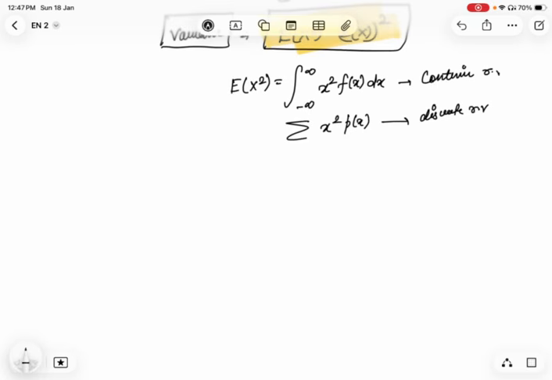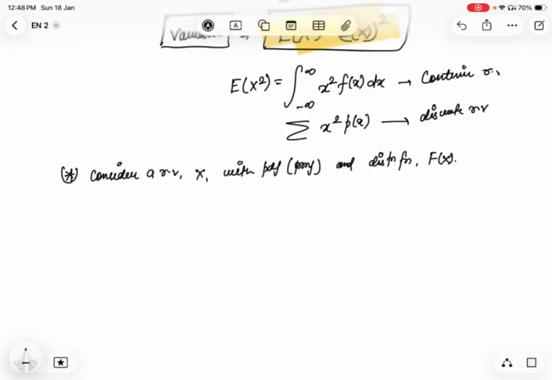Now suppose we consider the random variable x with PDF or PMF and distribution function F(x). Let g be a function such that g(x) is a random variable.